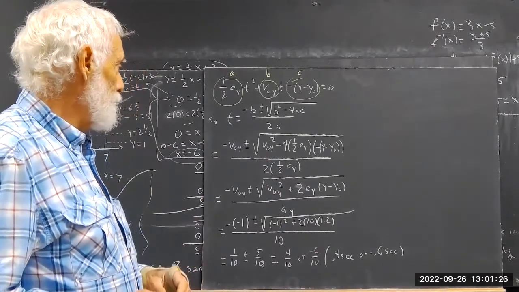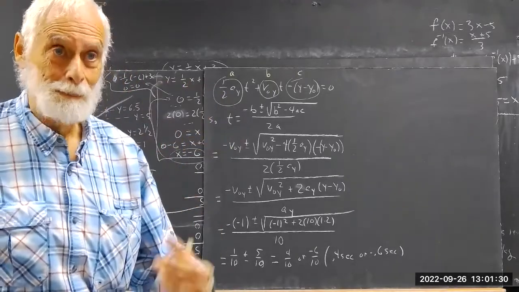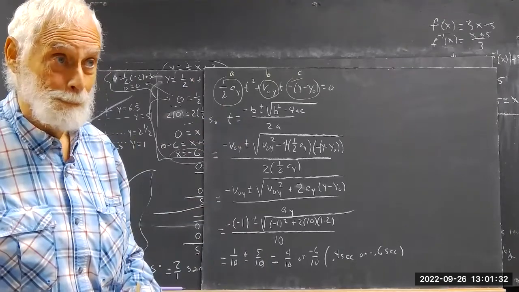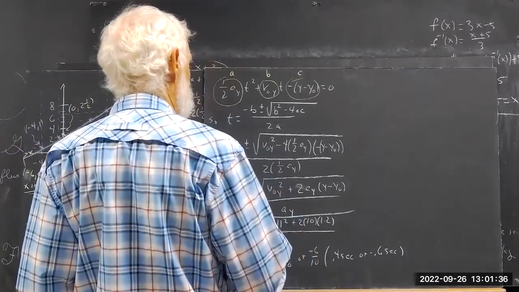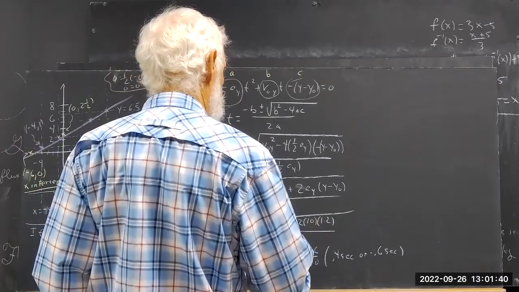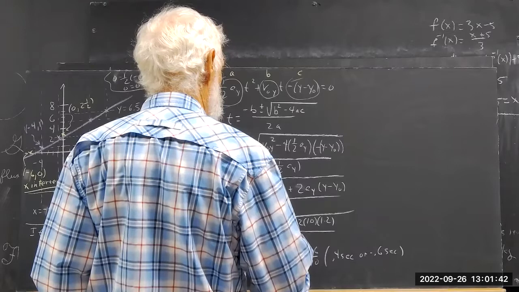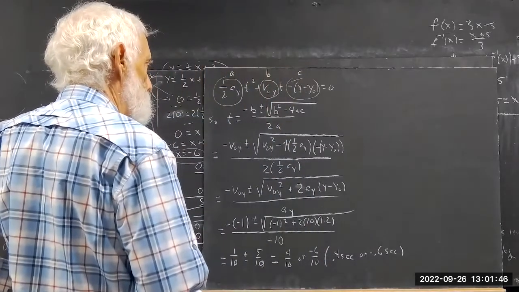I thought about it for a minute and said, oh, wait a minute. AY is negative 10 meters per second squared, right? That means I have a negative there.